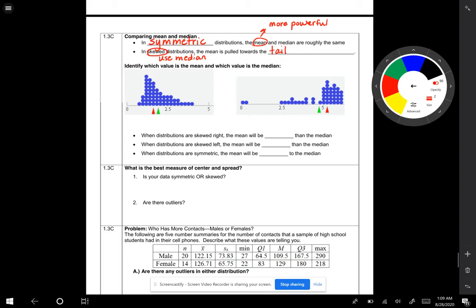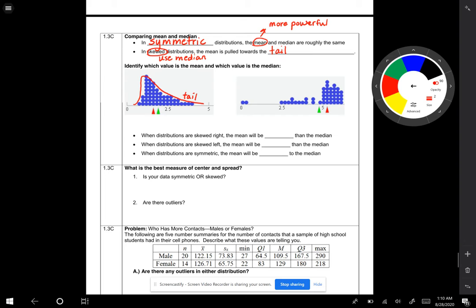Identify which value is the mean and which value is the median. So you have the green triangle and the red one, and you have to tell which is which. The first thing we want to do is draw a density curve over the graph. If you look at this, the tail is towards the right, so it is right skewed.